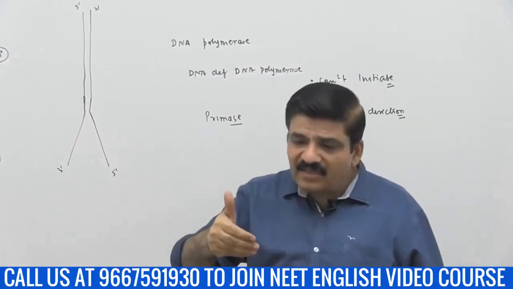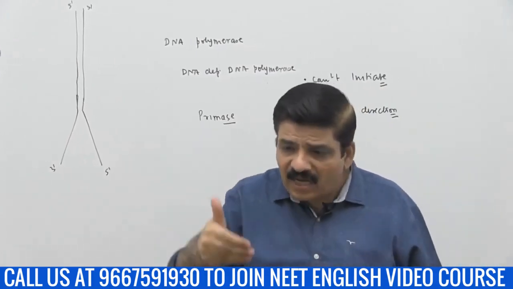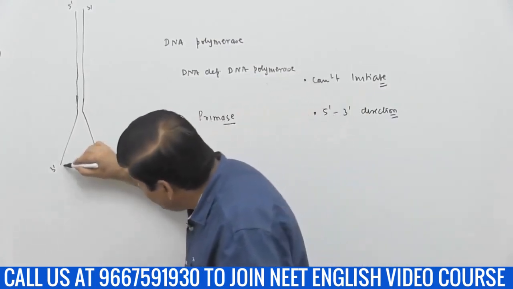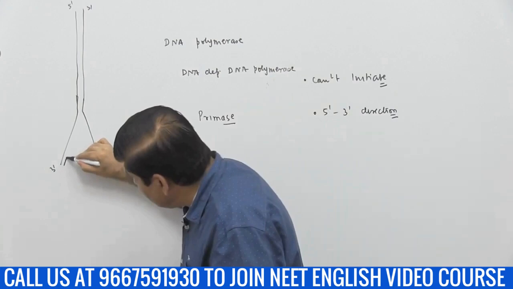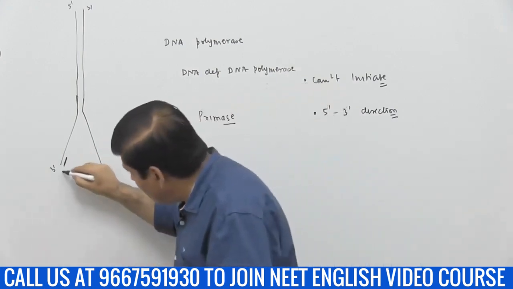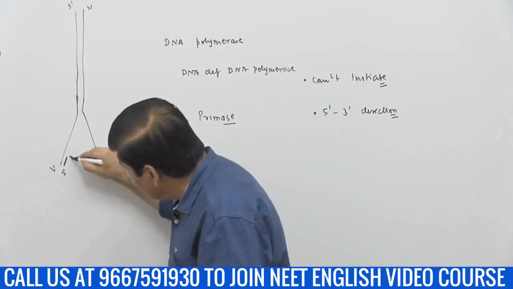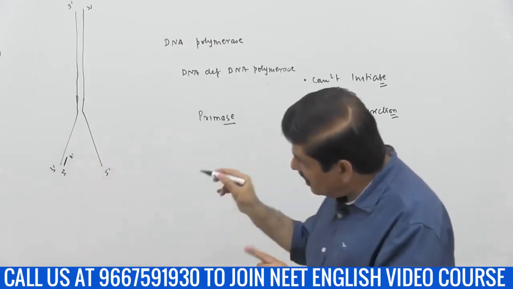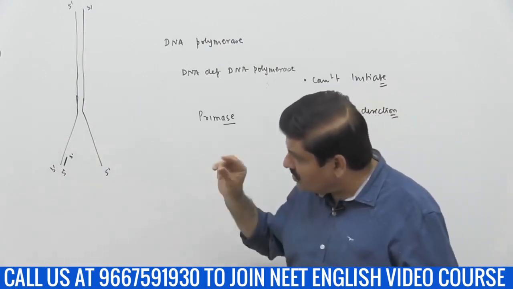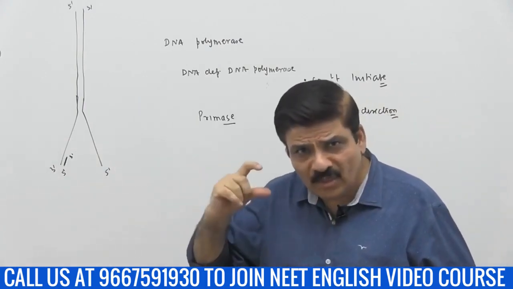That means it can synthesize RNA on the template of DNA, and it does so in 5' to 3' direction. Now this is very, very critical to understand. So we are first synthesizing not DNA, but a small or short segment of RNA nucleotides.